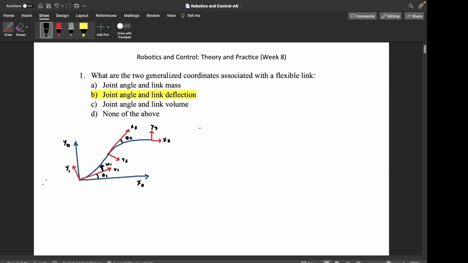So basically, first let's write the frames. x0, y0, and this is the base frame, x1, y1. So these two make up link 1.